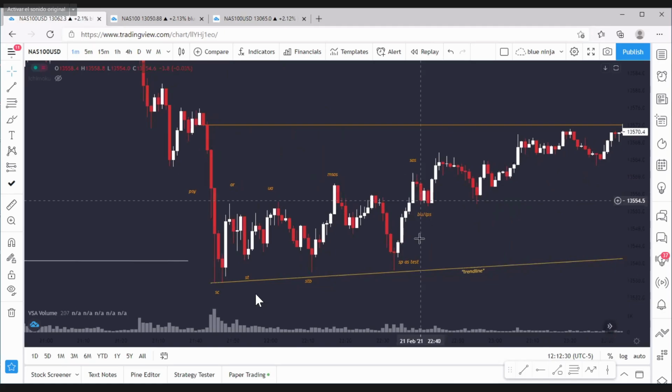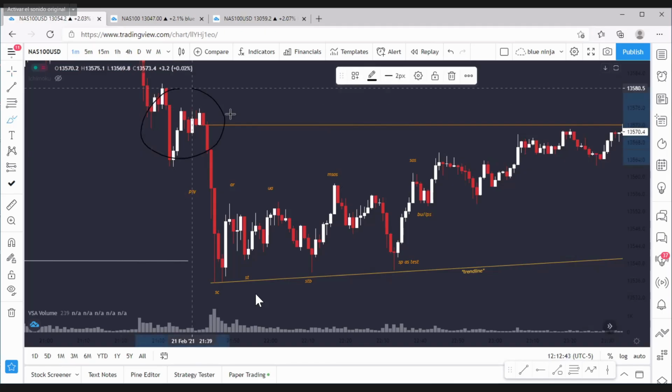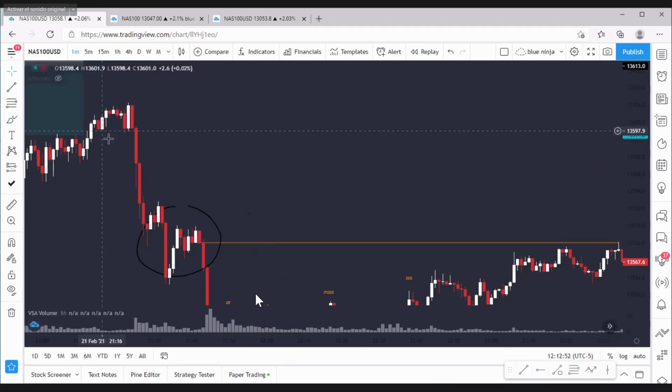After I saw this, what I identified to be the last backup, I told myself I'm going to take a long as a hedge. If it was going to hit these levels here and break down, I was just going to close it at break even. But I was actually hoping it would hit these levels over here, and then it would have been a really nice hedge before going significantly lower.